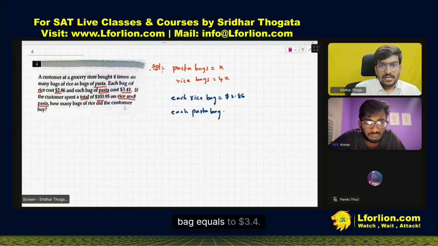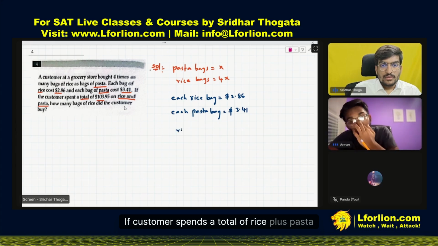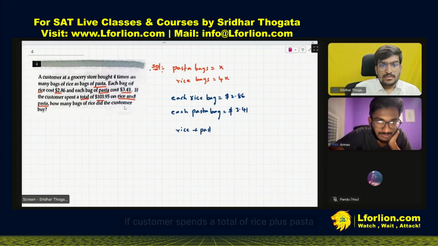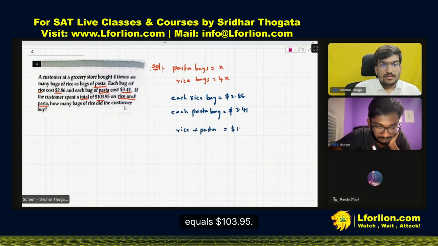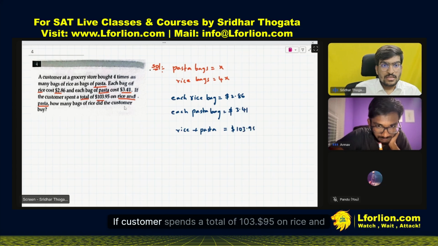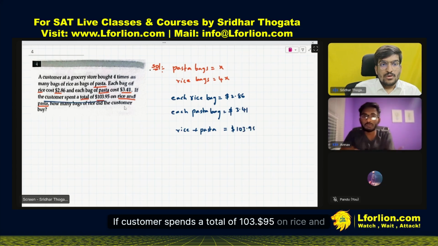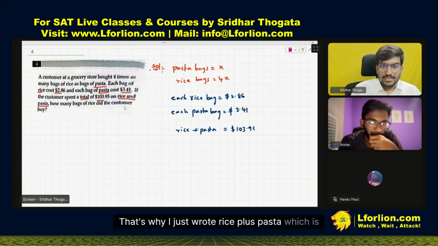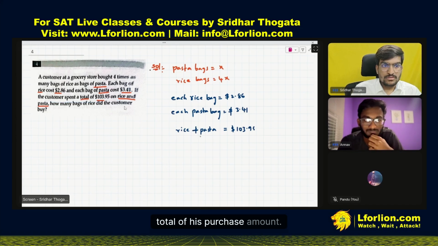Pasta bag equals $3.41. If the customer spends a total of rice plus pasta equals $103.95, that's what they're saying. If the customer spends a total of $103.95 on rice and pasta, that's why I just wrote rice plus pasta, which is the total of his purchase amount.